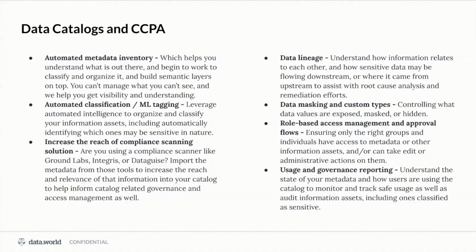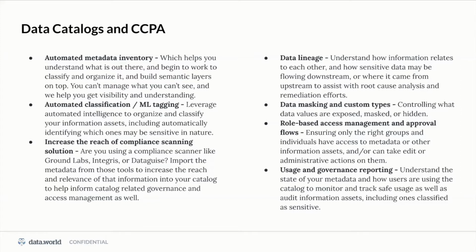Data lineage is all about understanding how data flows upstream and downstream, so that when upstream systems have issues, you can see the downstream uses, and when you're looking at downstream uses, you know where the data came from. That way you can remediate, and when you're doing those subject access requests, you know the different systems you need to report on in terms of where that data lives and how it's being used.